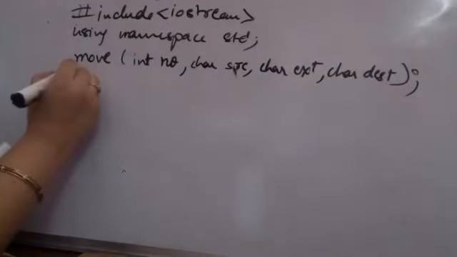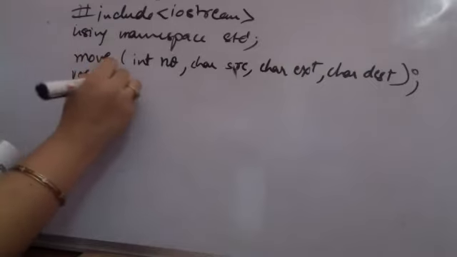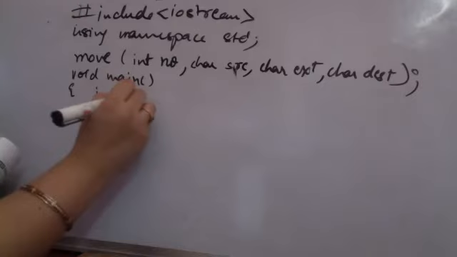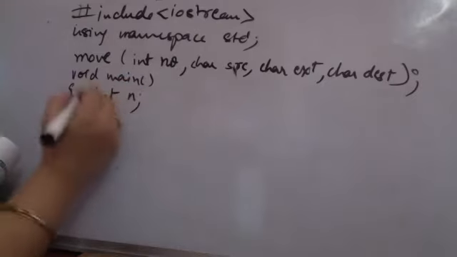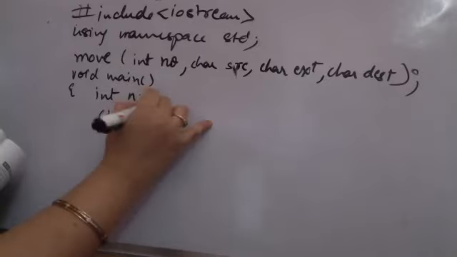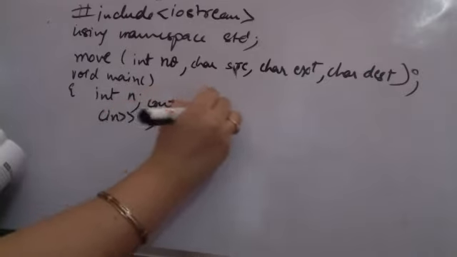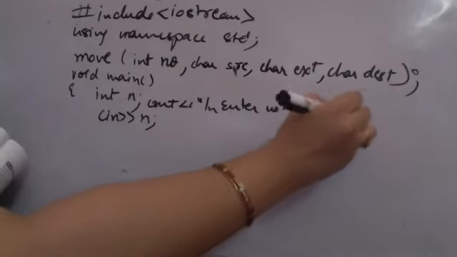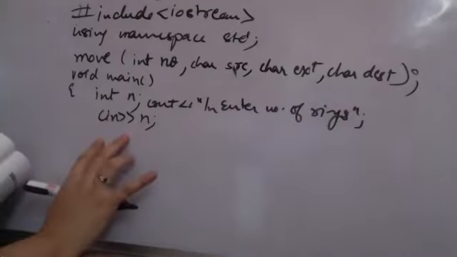Now I move to supposedly my main. Within the main, what is happening? I will read the number of rings from the user. So I'm directly reading the number of rings. You can print here also, enter the number of rings. So you enter the number of rings and you read the number of rings.